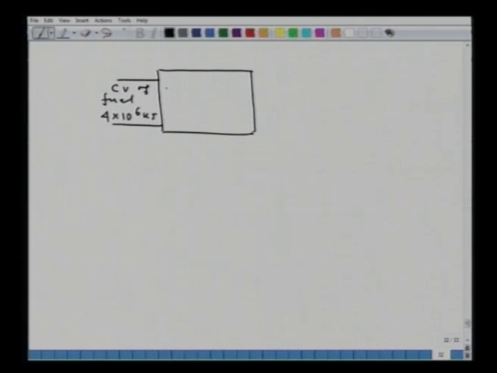Now, out of which this is how the energy is flowing. Say part of the energy is lost. This is the one, 0.84 into 10 to the power 6 kilojoule loss.